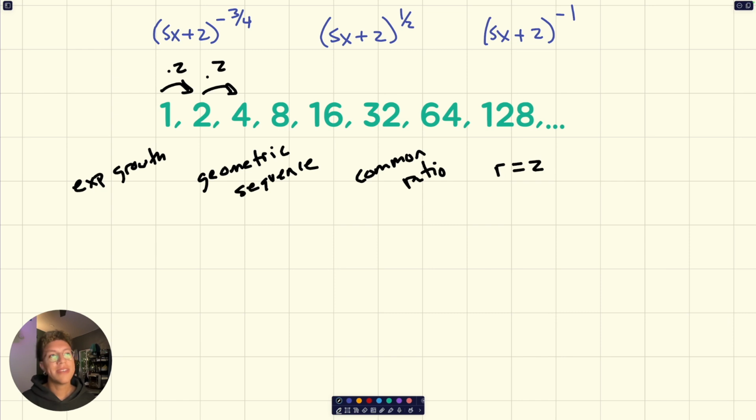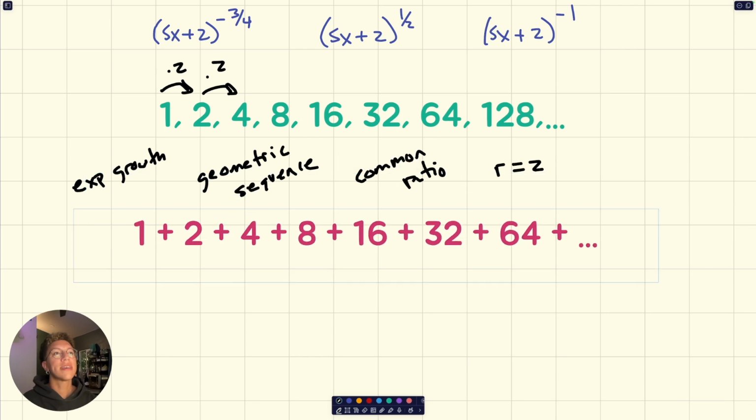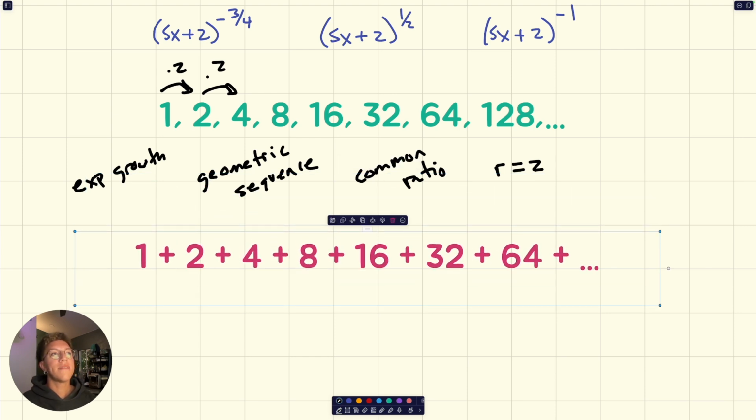So specifically, what we're looking at here is a geometric sequence where each term is a multiple of 2 of the previous term. If we multiply by 2 each time, that's called a common ratio. It's common as we move from term to term, and the ratio is 2. What if we took the terms of this sequence and we added them together? What would be the sum of this sequence?